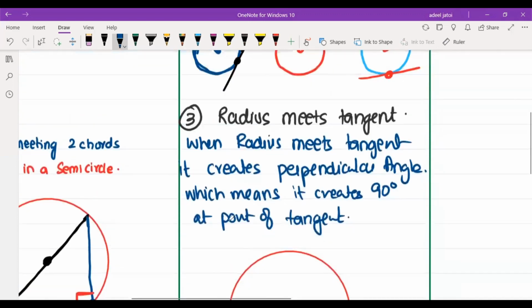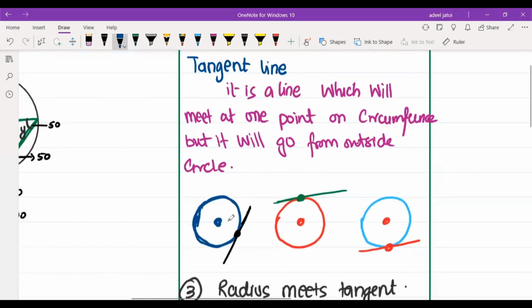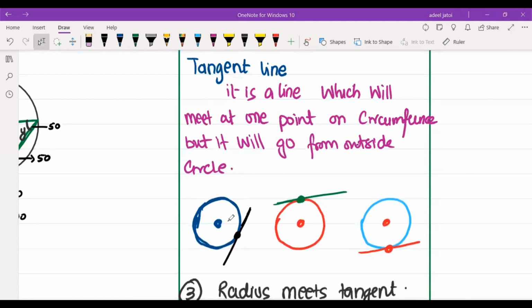So let's see the tangent that we created. If I say that a radius is created on all the circles, at this point, you need to understand that a 90 degree angle will be created when the radius and the tangent meet.